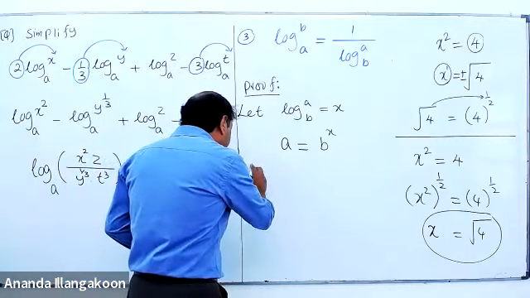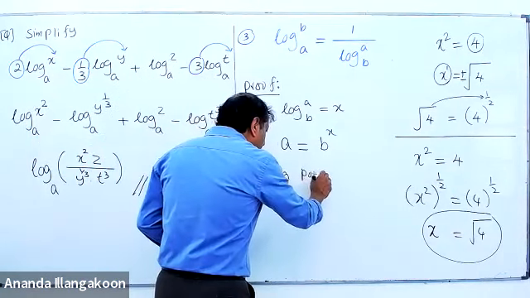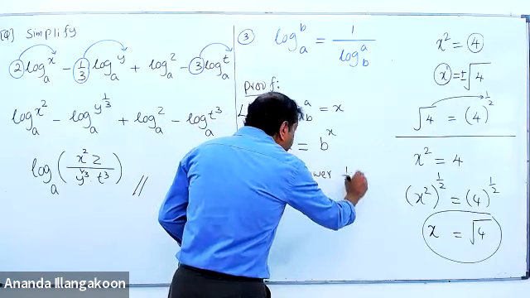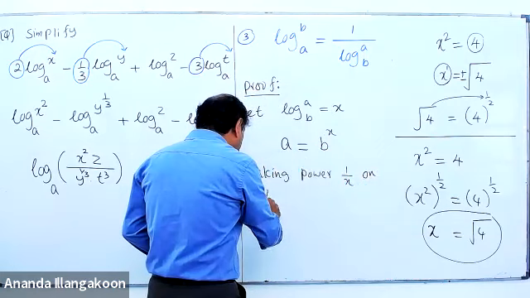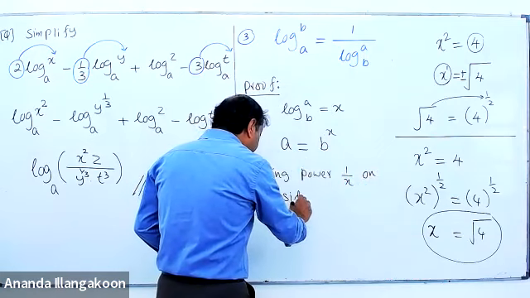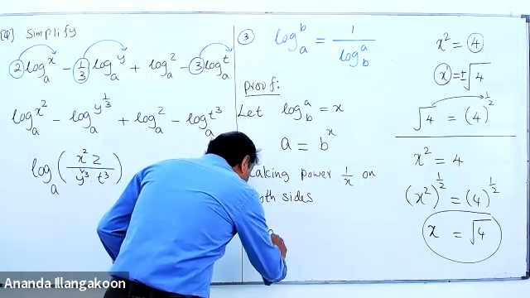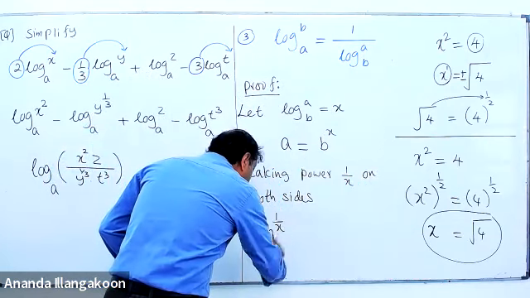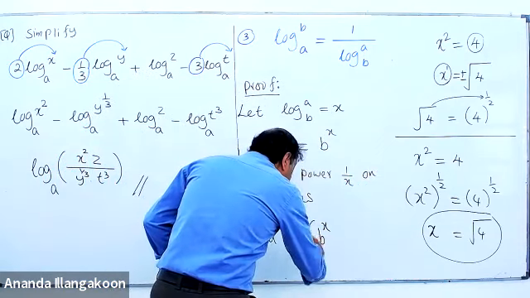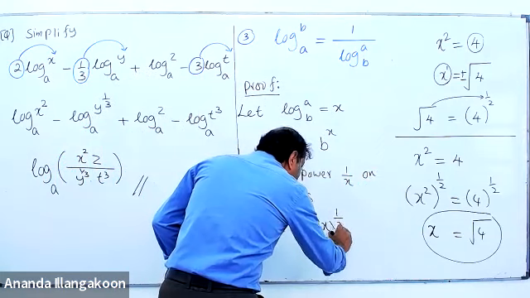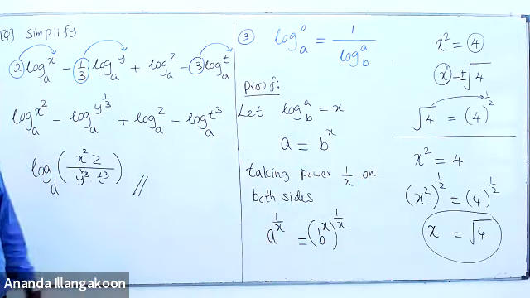And now I write, taking power 1 over x on both sides. What do you get? a to the power 1 over x on the left hand side, and on the right hand side, b to the power x, whole thing to the power 1 upon x. This way we get. Now we are supposed to simplify this.